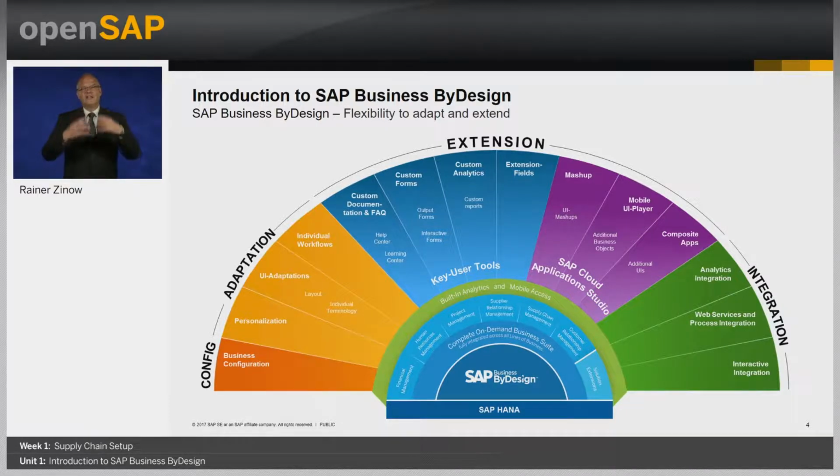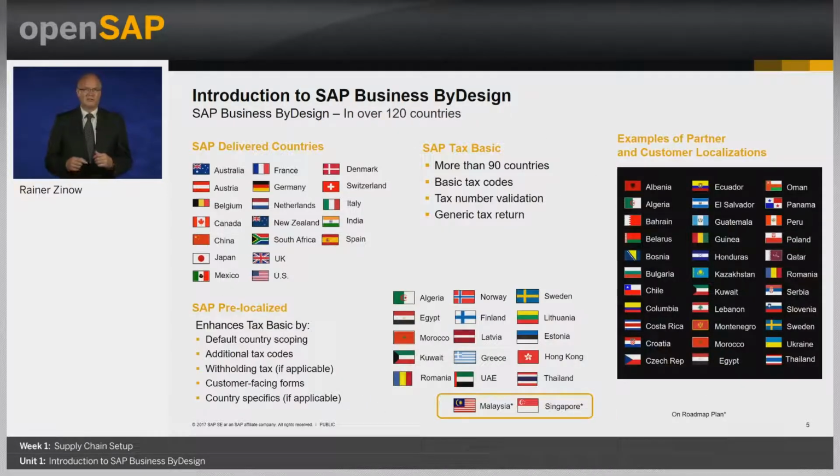You have integrations into your banks. You have integrations maybe into your tax advisors. You have integrations into your payroll providers. You have integrations, and you will hear more about that, to your third-party logistics provider. So that is why this fan is so important.